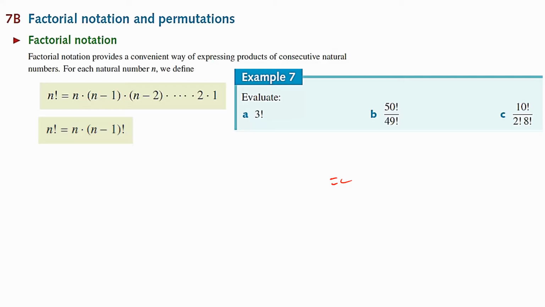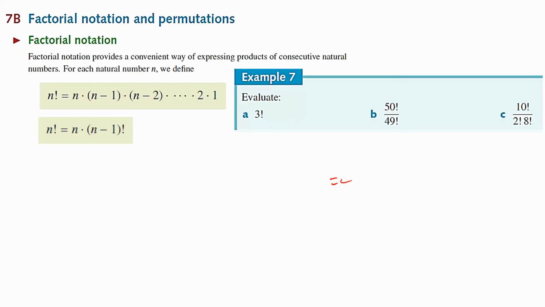Because 49 factorial divided by 49 factorial means 49 over 49, 48 over 48, 47 over 47, and what we know is 49 divided by 49 is 1, 48 divided by 48 is 1, 47 divided by 47 is 1, and it carries on until you get to 1 over 1. So that nicely and conveniently simplifies down to 50 times 1 over 1.